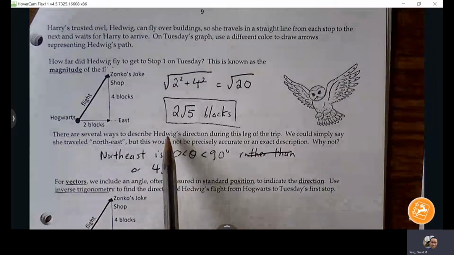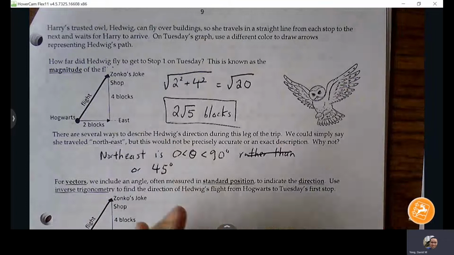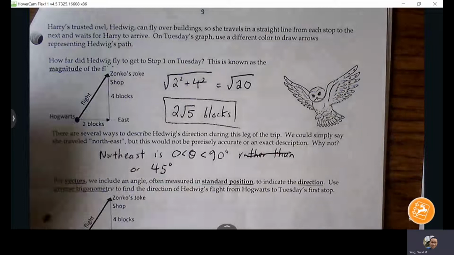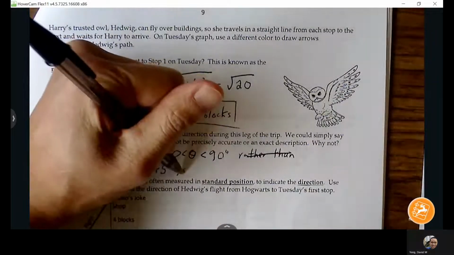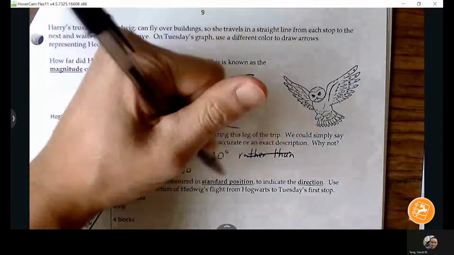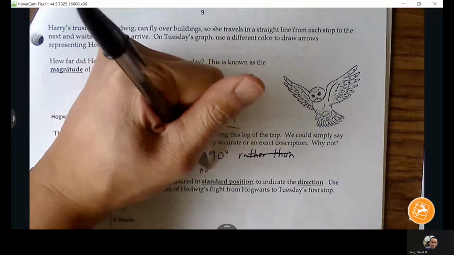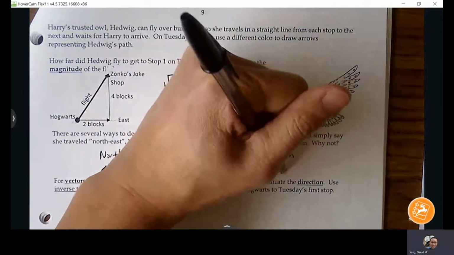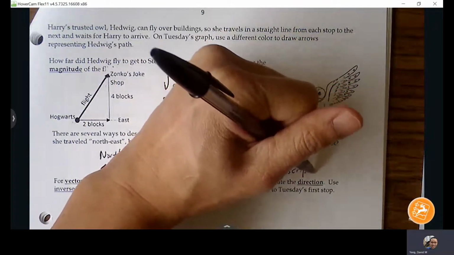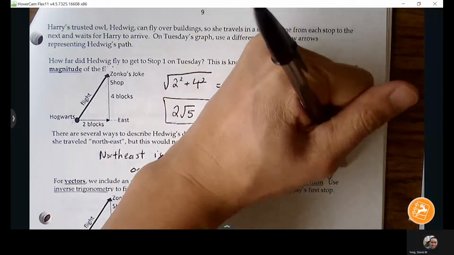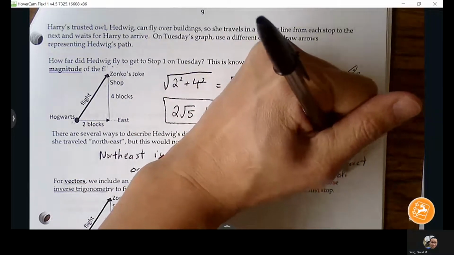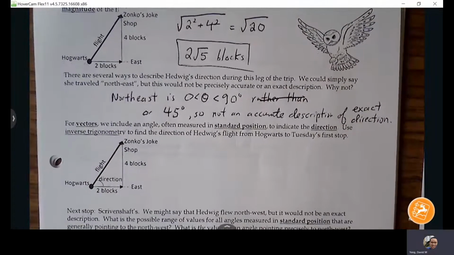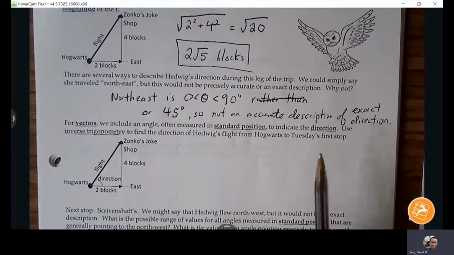So northeast is too vague, or if you say it's 45 degrees, that's not correct either. Okay, so it's not an accurate description of the exact direction.